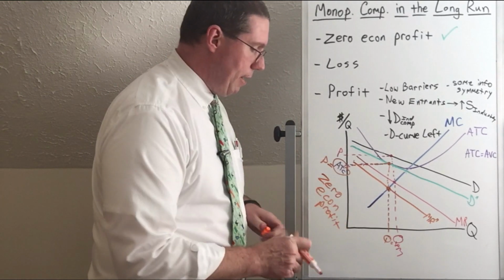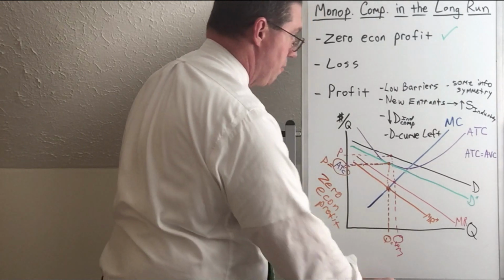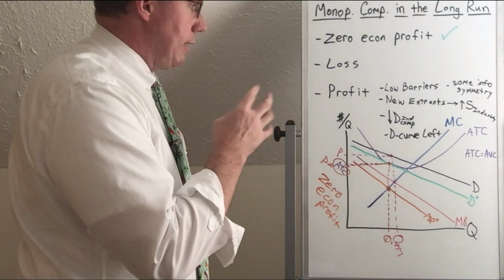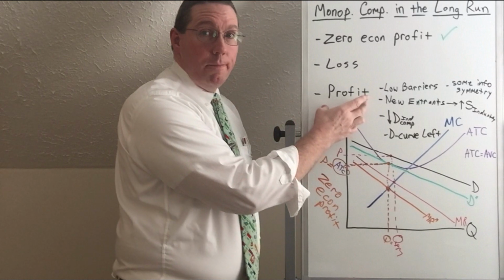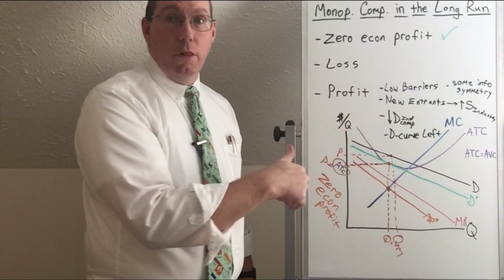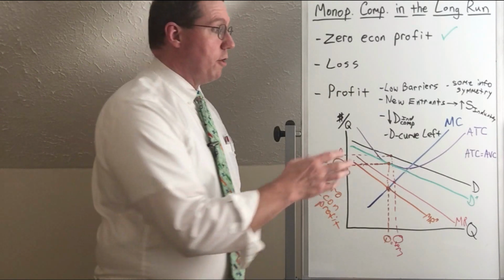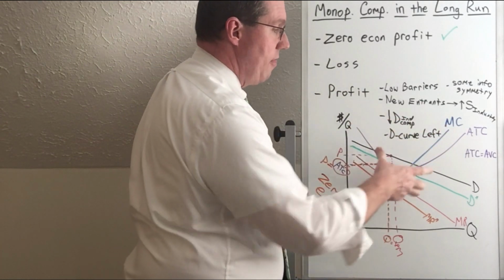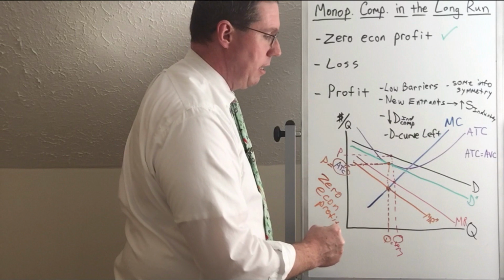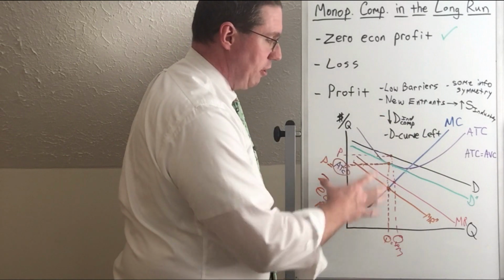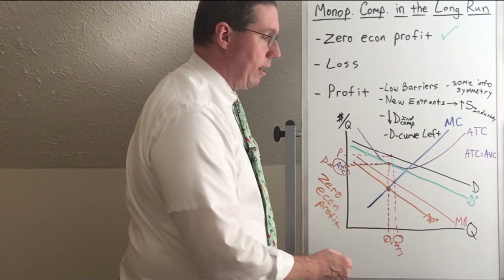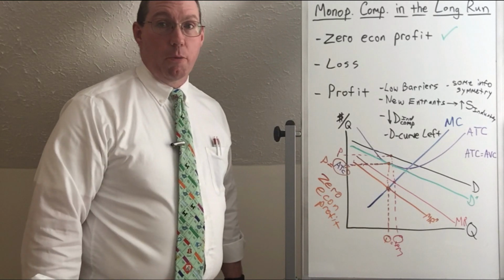And so when a monopolistic competitor is experiencing economic profit in the long run, that economic profit will deteriorate because there will be new entrants into the market, and they will lose some of their demand and then have to lower their price, lower their quantity, and then it'll deteriorate their profits.